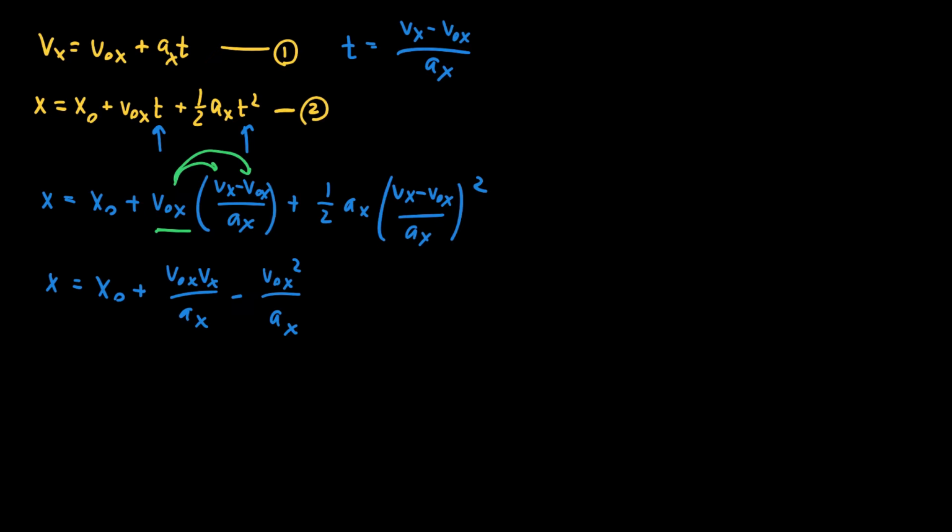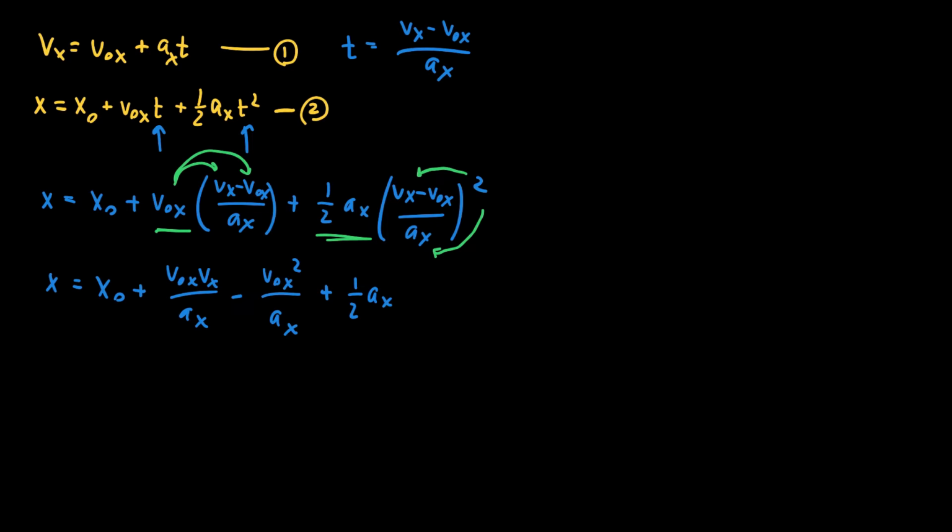Now looking at the third term, I have a plus 1/2 ax out in front, and I have that whole quantity squared. What I'd like to do is take just what I see in parentheses here, and square what is inside of the parentheses before I make any moves with what is in front of the parentheses. So I'll start by writing 1/2 ax, and I'm going to FOIL the numerator.